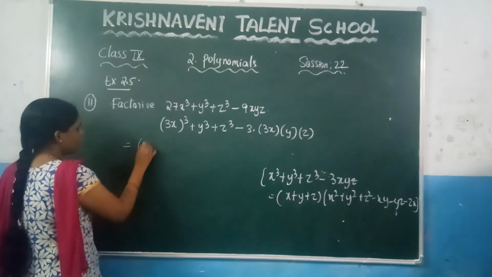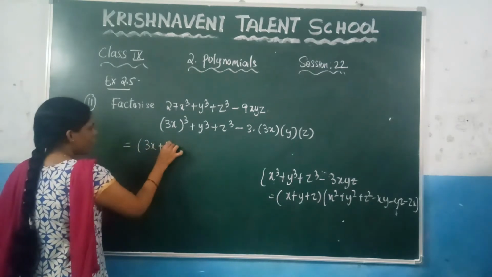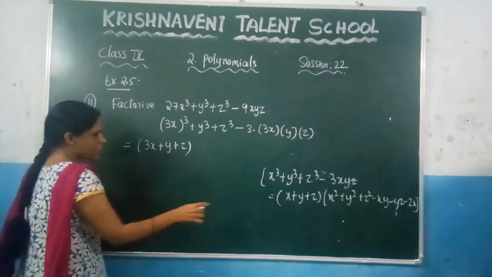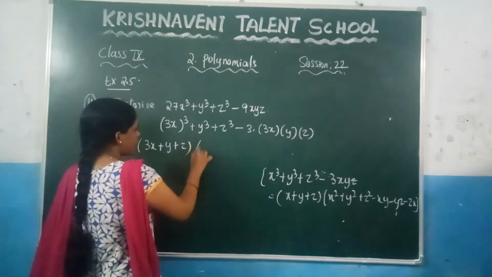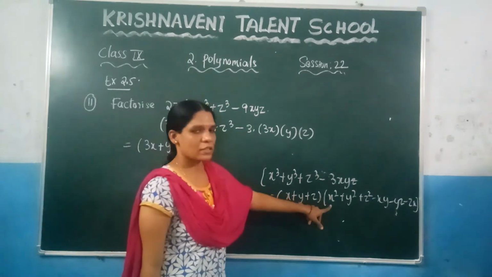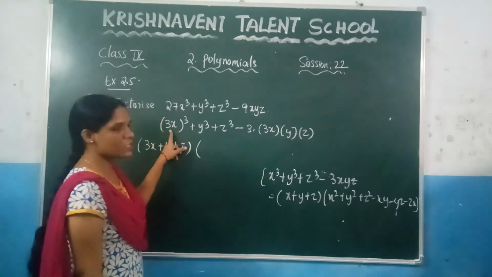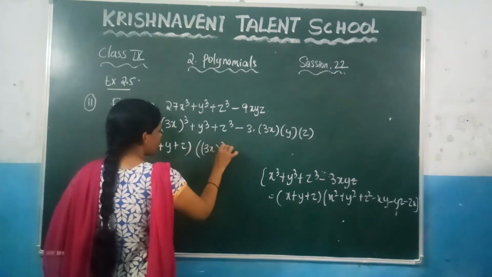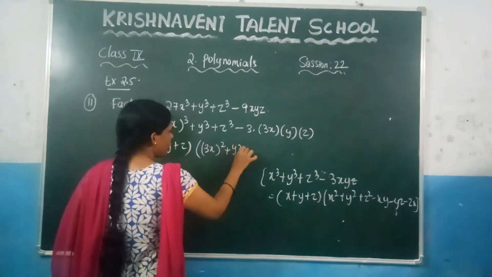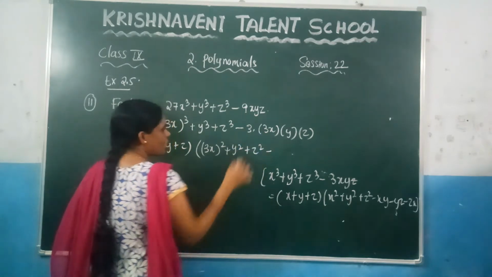So write it here, 3x plus y plus z. Now you need to write the next term, which is x square, right? What is the value of x square here, which is nothing but 3x whole square. Write it here, 3x whole square plus y square plus z square minus xy.